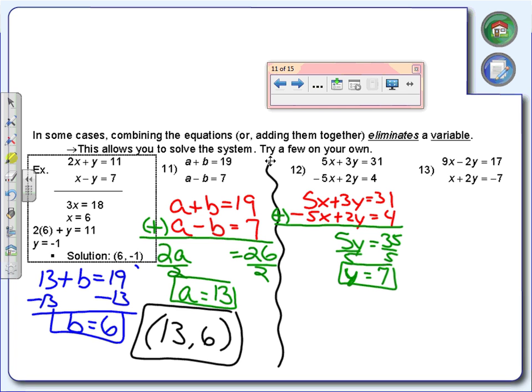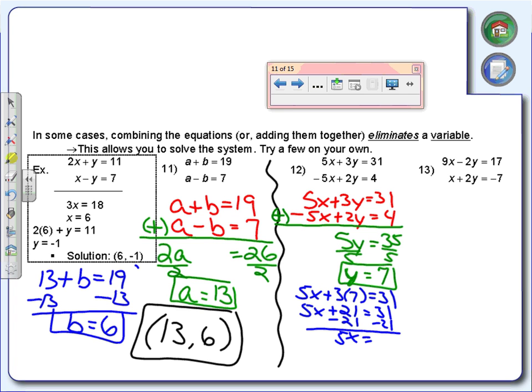Now we've got to figure out what x is. So we're going to take that 7 and we're going to plug it in. You can use it for the first equation or the second. I'm going to use it in the first. Replace the y with a 7. So 3 times 7 is a 21. I'm going to subtract 21 from the 31.